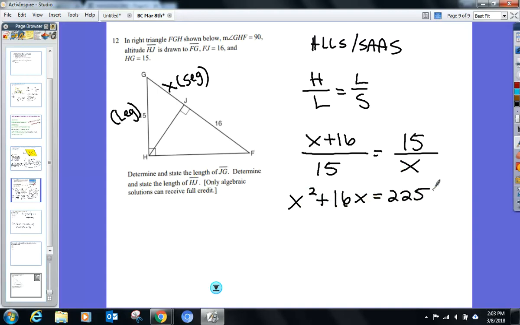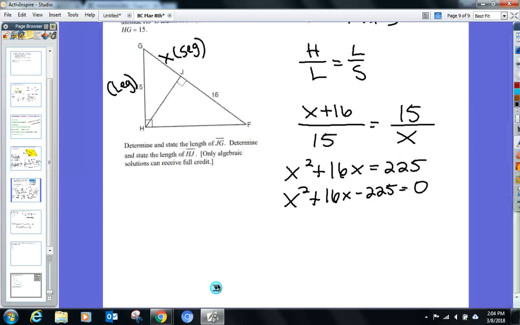Oh boy. Yes, I will give you the quadratic formula, but not right now. Move the 225 over. If anybody wants to play around and find two numbers that multiply to 225 but add to 16. 25 and 9, do it.